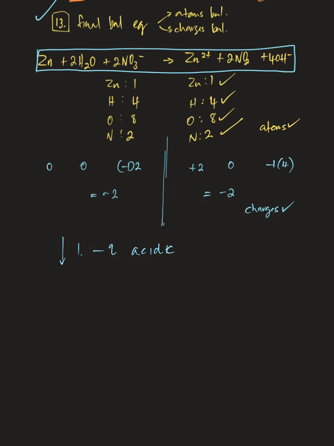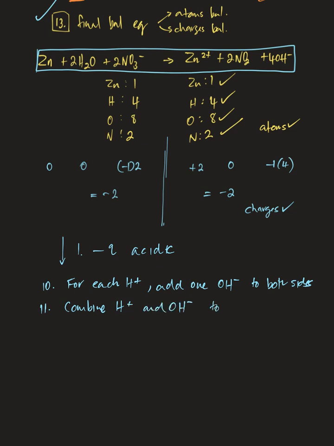and then you've got step number 10, which is for each H plus, add 1 OH minus to both sides. Step 11, we combine the H plus and OH minus to make H2O.